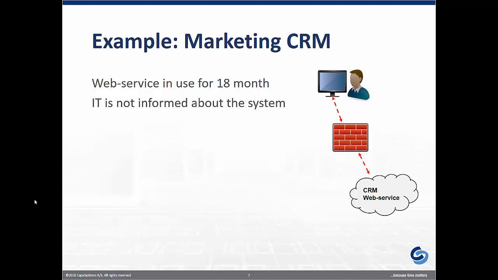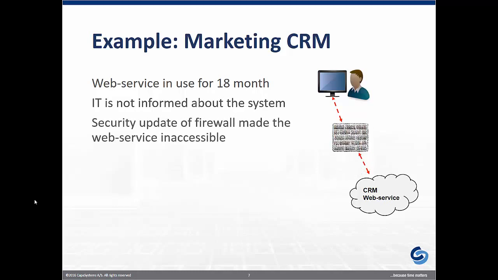Now, if you start getting a feeling of where this is heading, then let me assure you that no one saw any danger signs before it was too late. However, as you know, it's necessary to periodically maintain company software with security updates, etc. So one day, the firewall routinely got a security update, and that made the CRM web service inaccessible.